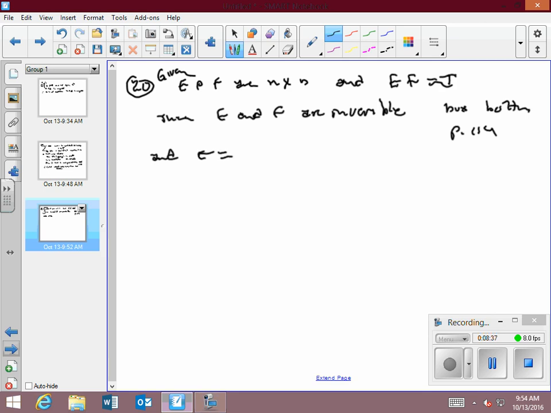E equals F inverse and F equals E inverse. Therefore you can say that FE equals I equals EF. All these questions are just proof questions.